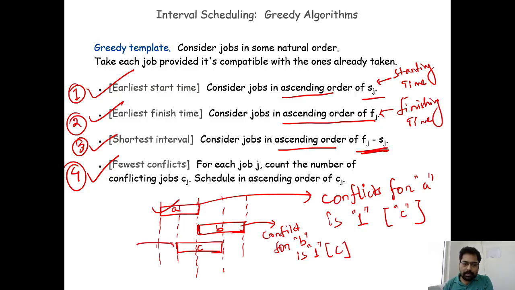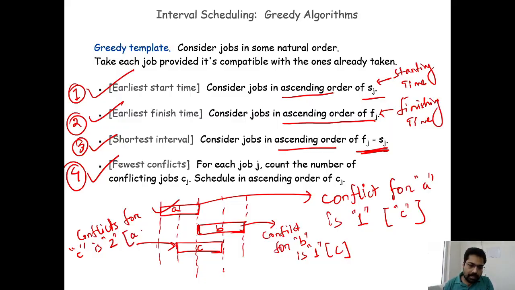Next, for C, the conflicts are 2. Why? Because if I select C, I have to remove A as well as B, since the starting time and finishing time are overlapping.